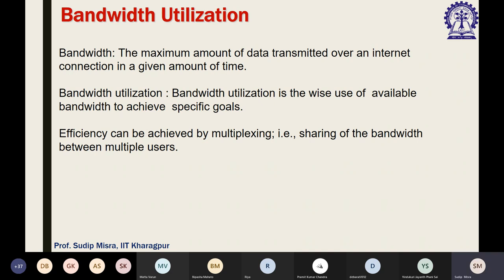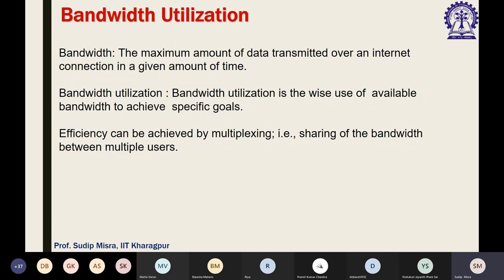Now we are talking about the utilization of this particular capacity. How can we utilize the bandwidth? Bandwidth utilization talks about how, judiciously, you can utilize the bandwidth to achieve the overall goals of the network.